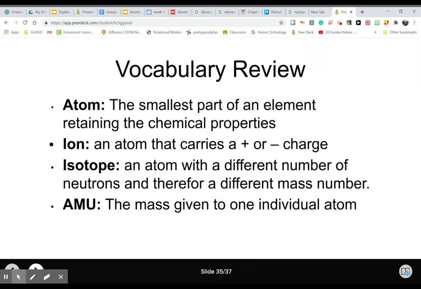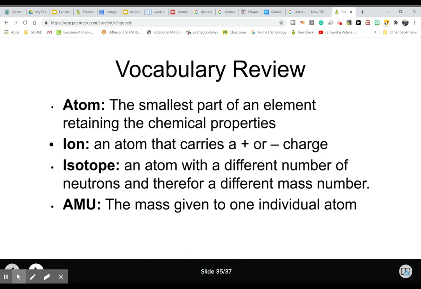Some review of some vocabulary. An atom is the smallest part of an element that's going to retain the chemical properties. An ion is an atom that carries a positive or a negative charge, and the ion is due to having more or fewer electrons, because electrons are transferable, and so you can have an overall positive charge or an overall negative charge.